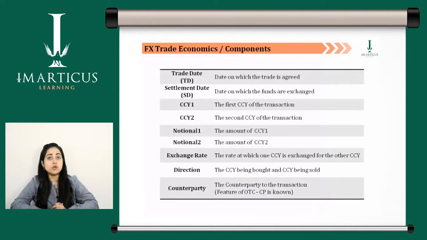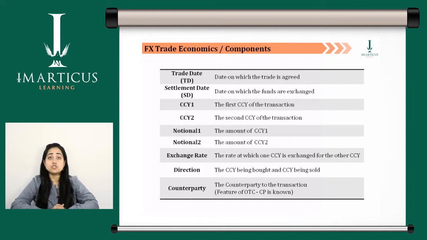The important terminologies involved in foreign exchange trading are shown on the screen. These include trade date or TD for short, which is the date on which the trade is agreed, and settlement date, or SD for short, the date on which funds are exchanged. CCY1 and CCY2 are the first and second currency respectively of the transaction.